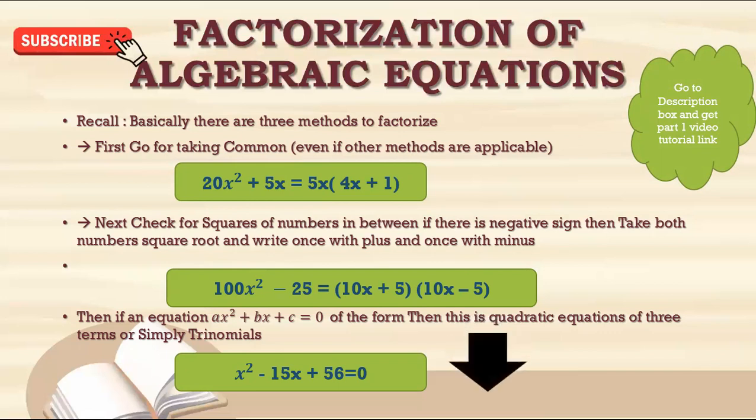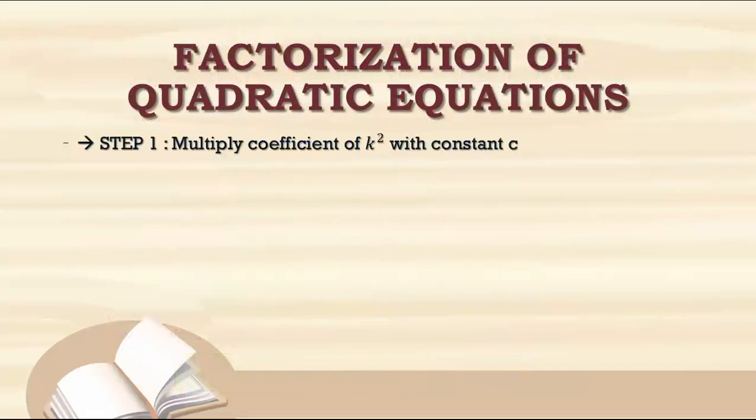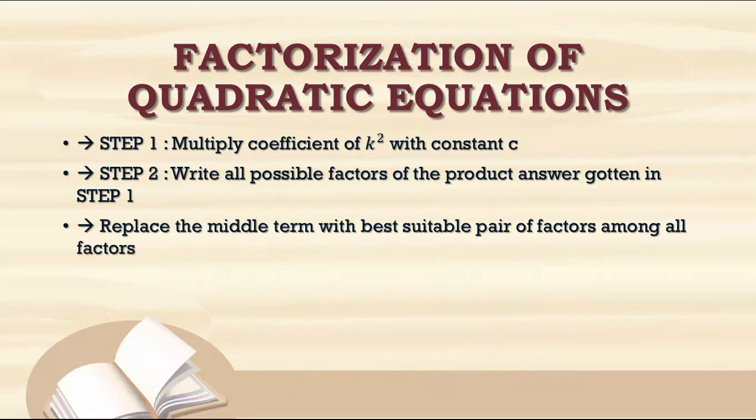Let's go to this particular type of quadratic equation and factorize it in detail. There are certain methods. The first method is to multiply the coefficient of k squared with the constant. Write all possible factors of the product obtained in step 1.